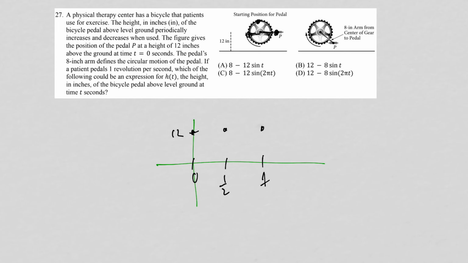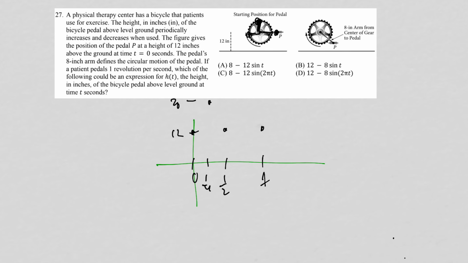But the interesting thing is, a quarter of the way between, it's up at this portion, because the pedal's 8-inch arm. Yeah, so this pedal is 8 inches. So it goes up at 1/4 of a second to 20.